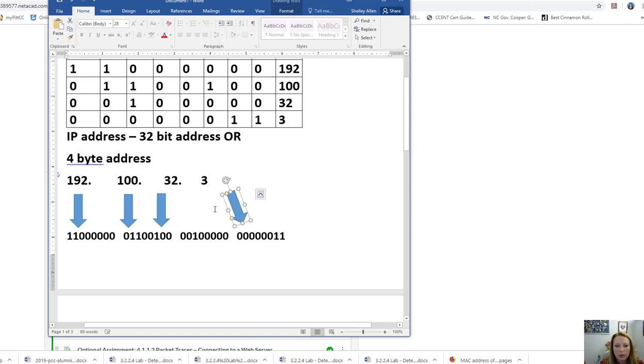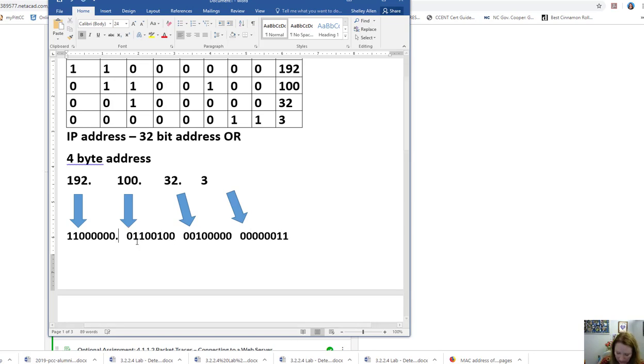So that would be for the number 3. This would be for the number 32. So if you were to put periods between each of these numbers right here, then this would give you the dotted decimal number.